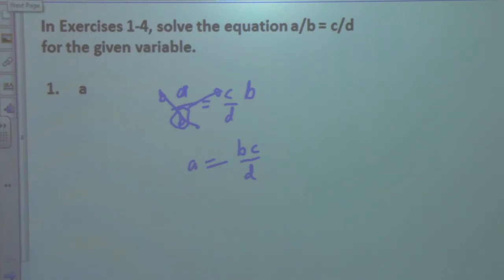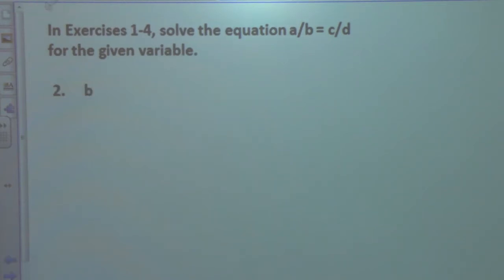Okay, and what happens in 2, you have A over B equals C over D, and now you're trying to solve for B, which is down here. What I like to do in a situation like this is turn these fractions upside down, because to me it just makes it easier to look at and solve.